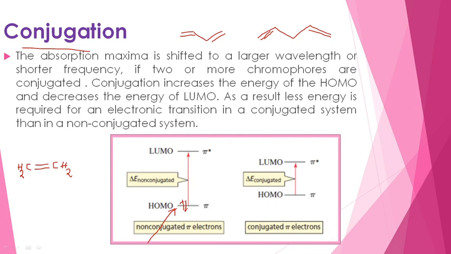This excitation is known as absorption, due to transition of electrons from the pi orbital to the pi star orbital. This is the energy gap between pi and pi star. Generally the absorption takes place at about 180 nanometers.